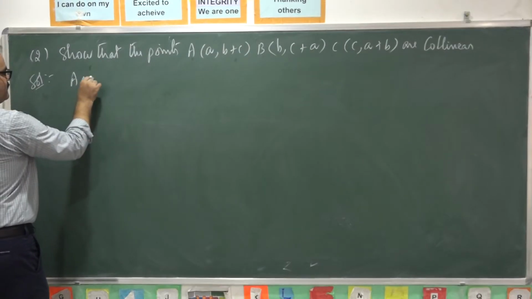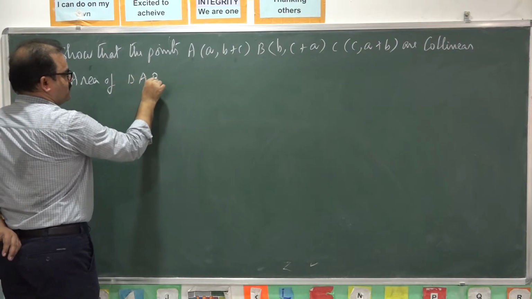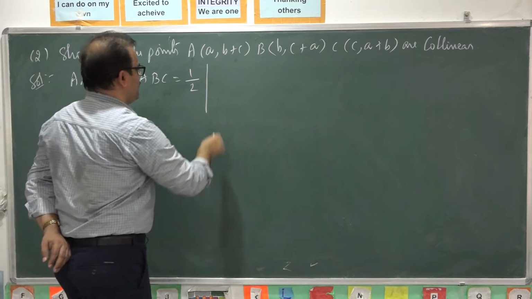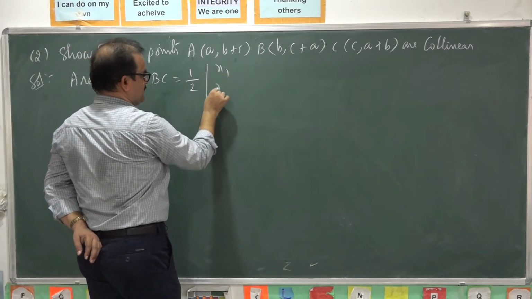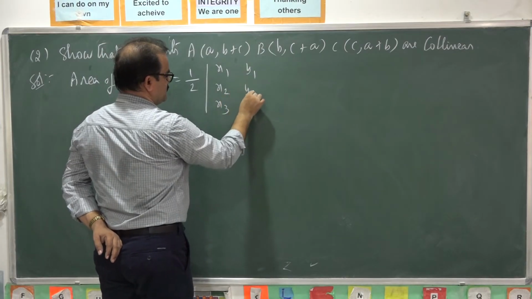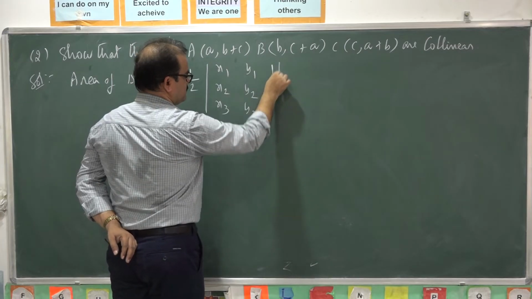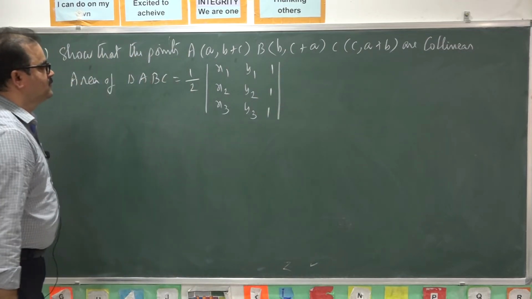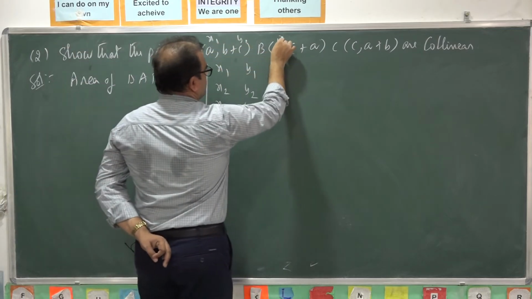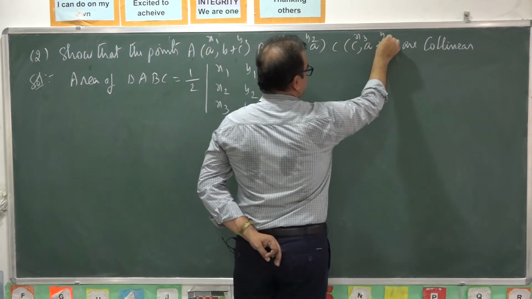What is the formula to find the area of triangle ABC? From determinants, 1/2 into the determinant of first column x1, x2, x3, second column y1, y2, y3, third column 1, 1, 1. This is taken as (x1, y1), (x2, y2), and (x3, y3).